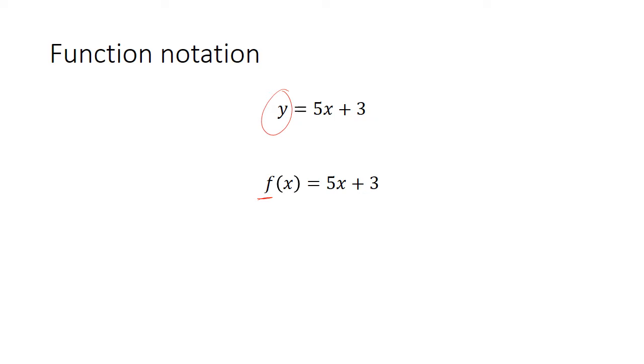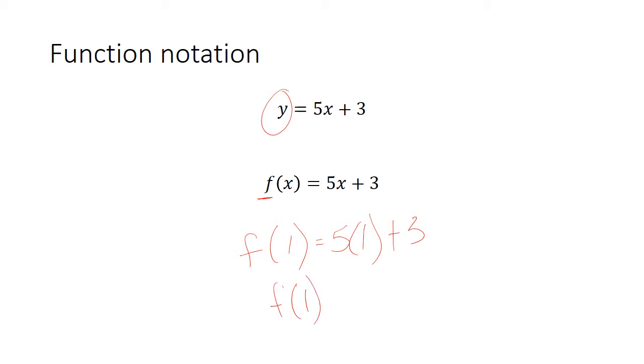That way, whenever you want to evaluate for a number, let's say we wanted x to be 1, then the way we would write it in function notation is f of x. If x is 1, this 1 is what we replace the x with. So it would be 5 times 1 plus 3.